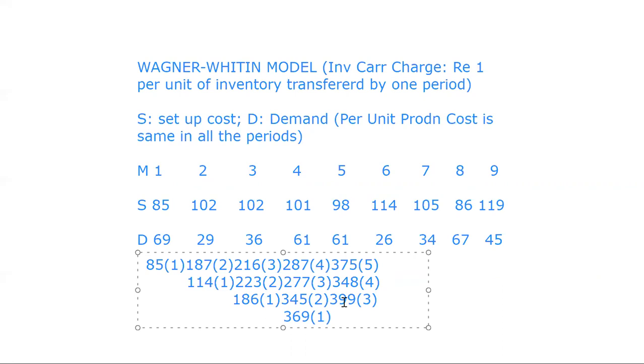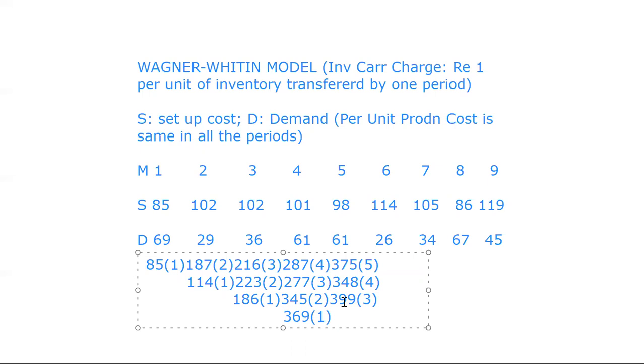This is another result from Wagner Whitin. And it is very easy to see that if such a case is there, it follows from the simple result I(t-1) star P(t) is equal to 0.